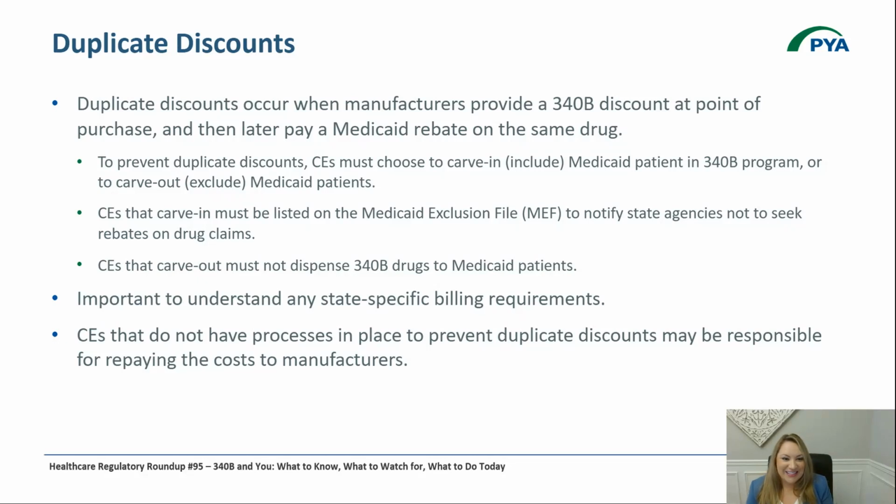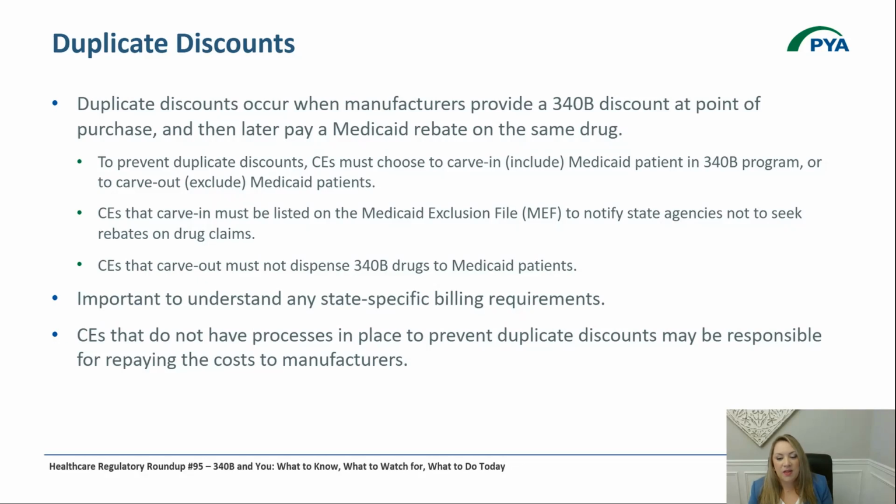Duplicate discounts. So duplicate discounts can occur when a manufacturer provides a 340B discount at the time of purchase and then later pays a Medicaid rebate on the same drug. And that is why it's important for covered entities to tell HRSA, we're going to carve in or we're going to carve out as part of our 340B program.